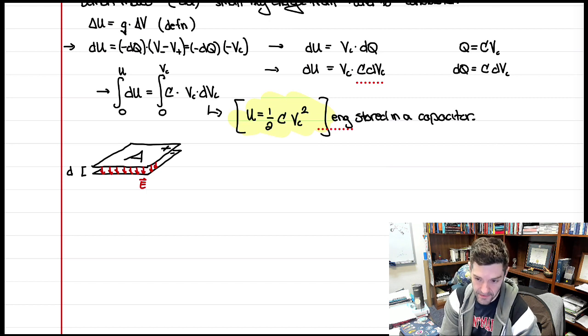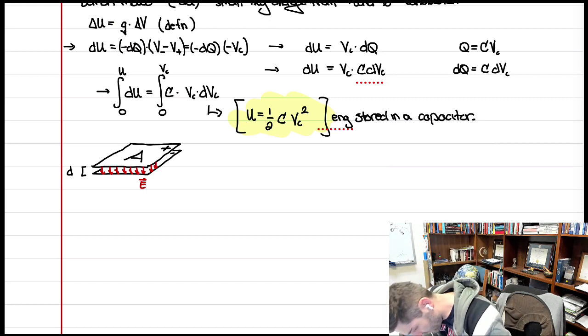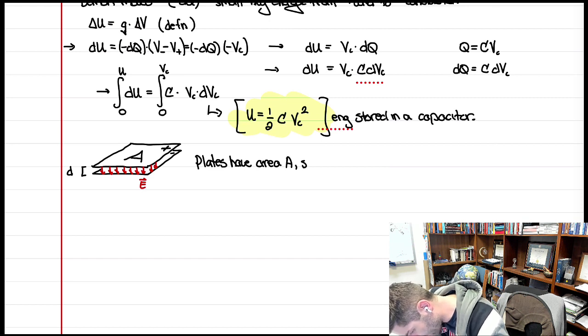Now let's actually calculate what the capacitance is. So the plates have each area A, and they're separated by some distance D, which is usually quite small.